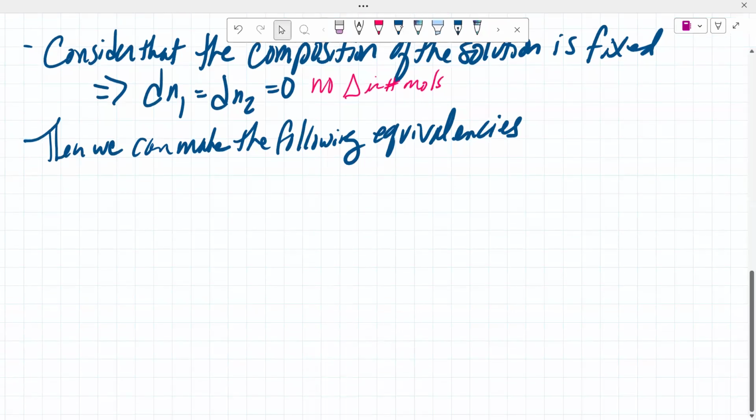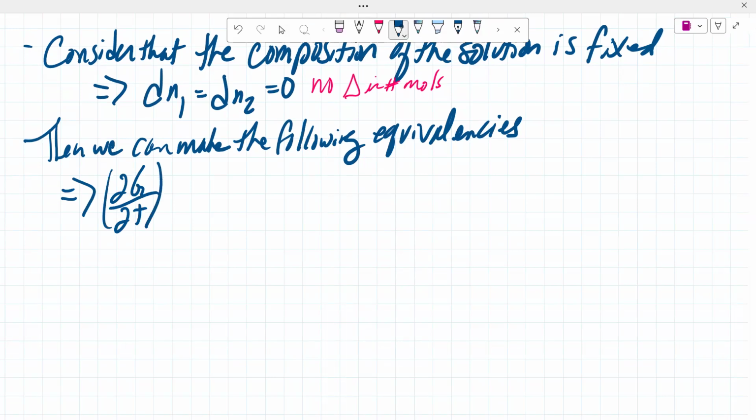So dG/dT of dN1, N2, and N2. That's a comma, not a one.